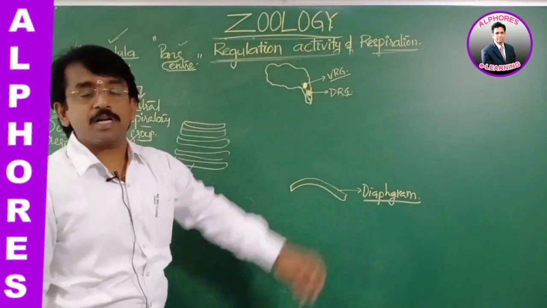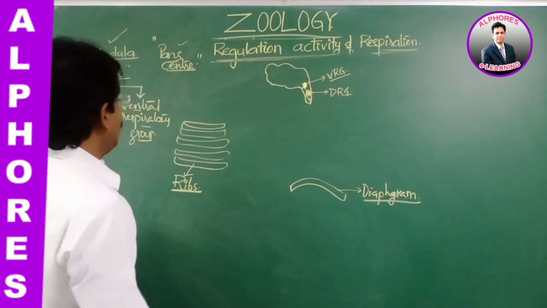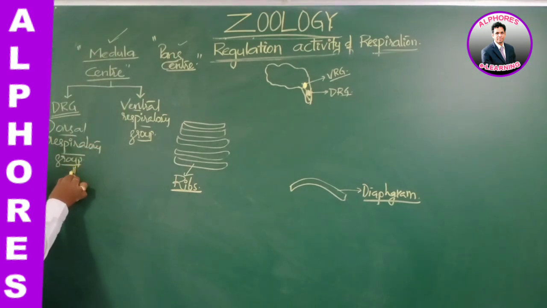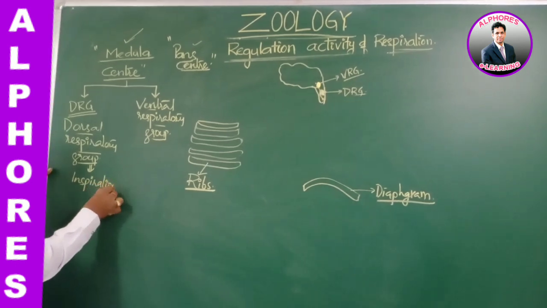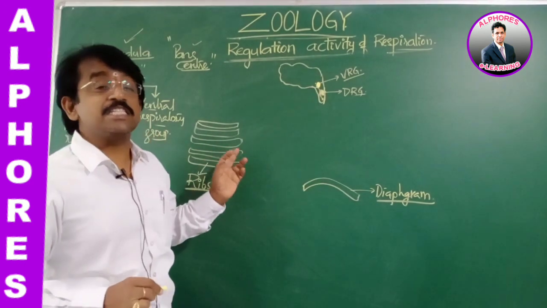DRG and VRG. The dorsal respiratory group causes inspiration.